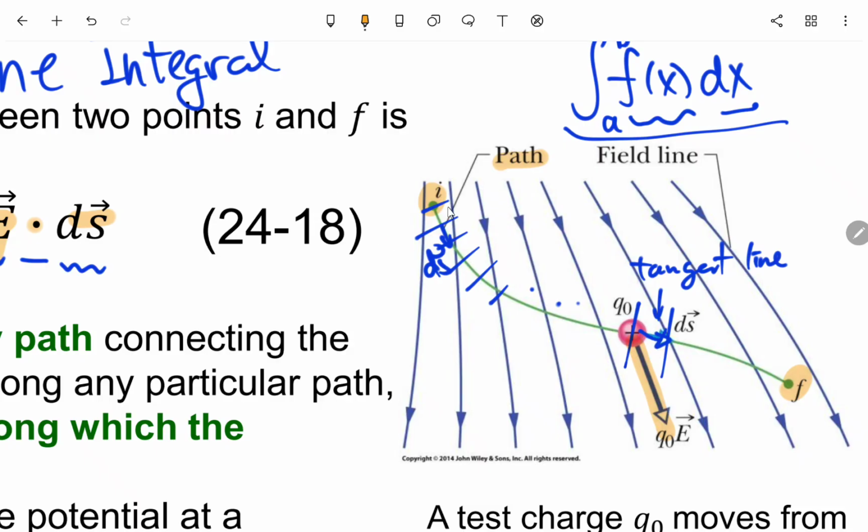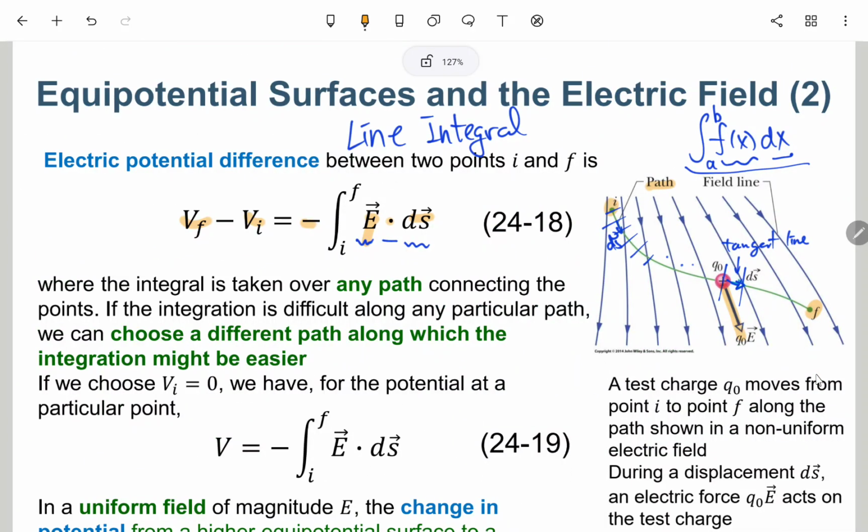Finally we add all these E dot ds together, using a line integral, that is, adding all these infinite terms together. So it becomes an integration of E dot ds from I to F, but with a negative sign. The negative sign is independent of that.